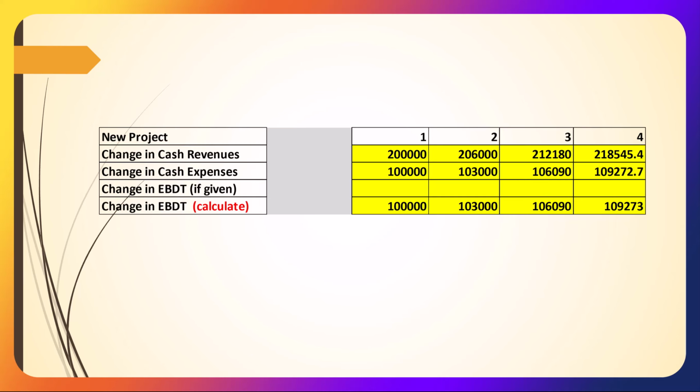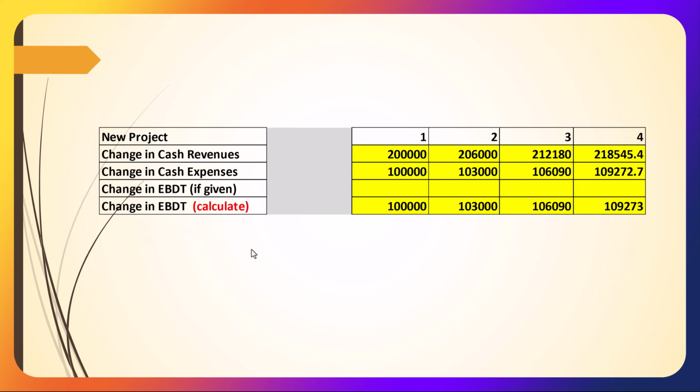So in our project, we have estimated the future revenues, again, $200,000. We also talked about there's some growth each year. We also have the actual change in expenses that will occur. We know what those are. They're going to grow every year. So we end up with something referred to as the change in EBDT.